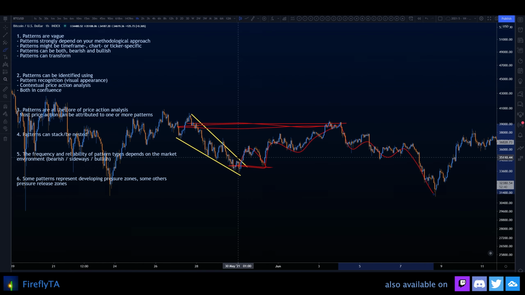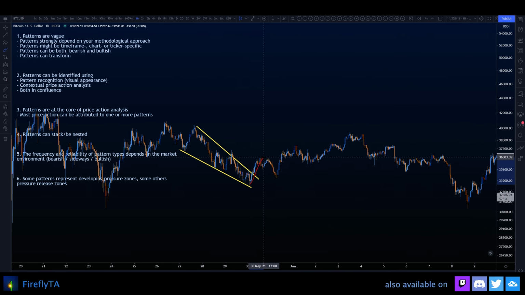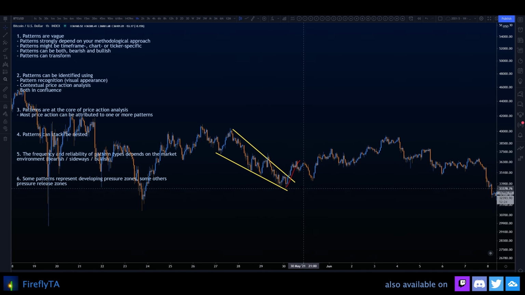So in this case, you could consider it bullish because there was a move to the upside. However, this is not what we would expect in this case. The reliability and the power of this pattern is reduced. It's not as effective anymore as it was in a bullish environment.